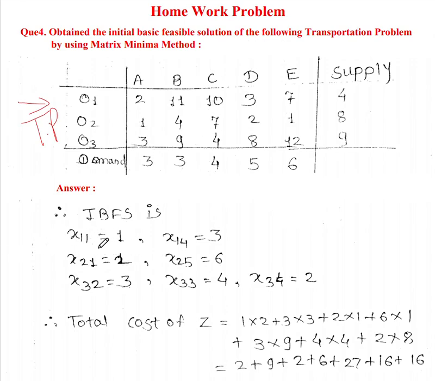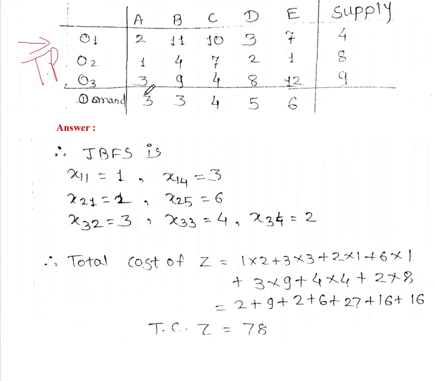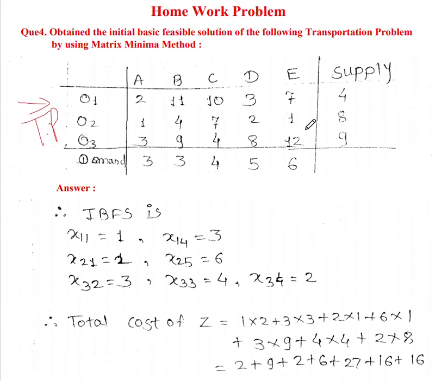The initial basic feasible solution is x11 equal to 1, x14 equal to 3, x21 equal to 2, x25 equal to 6, x32 equal to 3, x33 equal to 4, x34 equal to 2. This is the answer, and the total cost Z is 78. You have to solve this problem as homework.